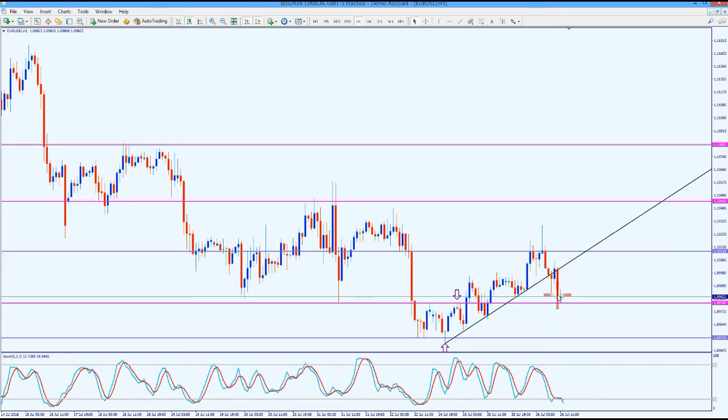I didn't want to jump in the middle of it, because this is what would have happened if you had jumped in. You want to wait for the momentum to finish, and as soon as this candle closed, everything was oversold. A good indication that the market was done with pushing the price down.